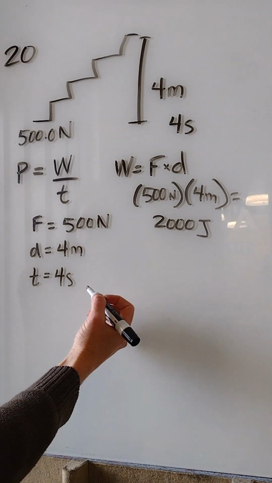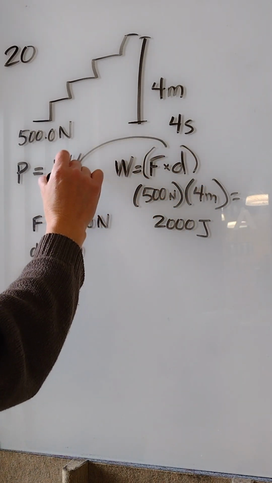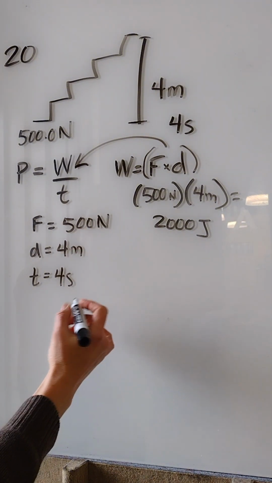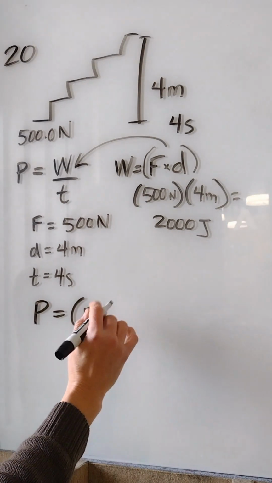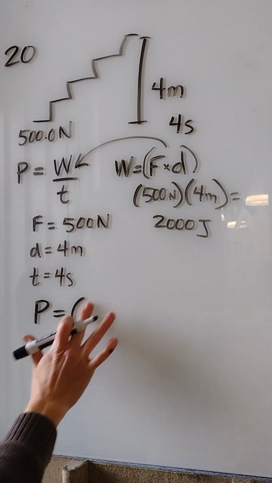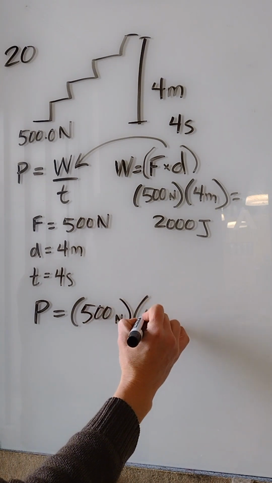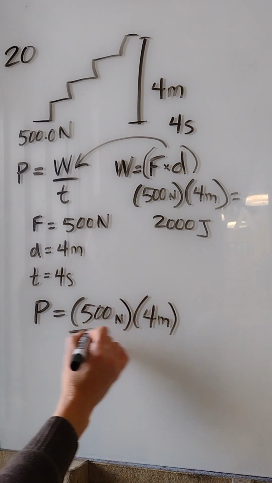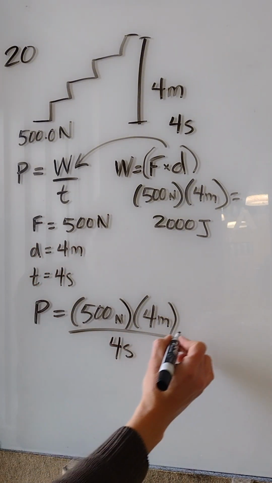What they do in the book is they just input this for this. So your equation would look like power equals force times distance over time. So we're going to just plug those in there. 500 newtons times 4 meters over your time, which is 4 seconds.